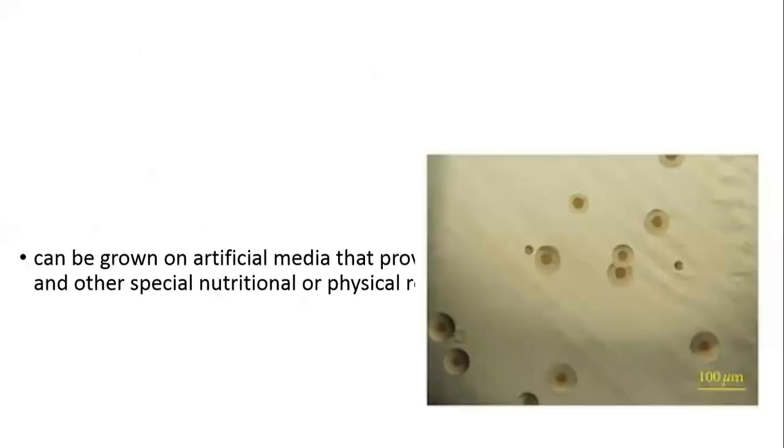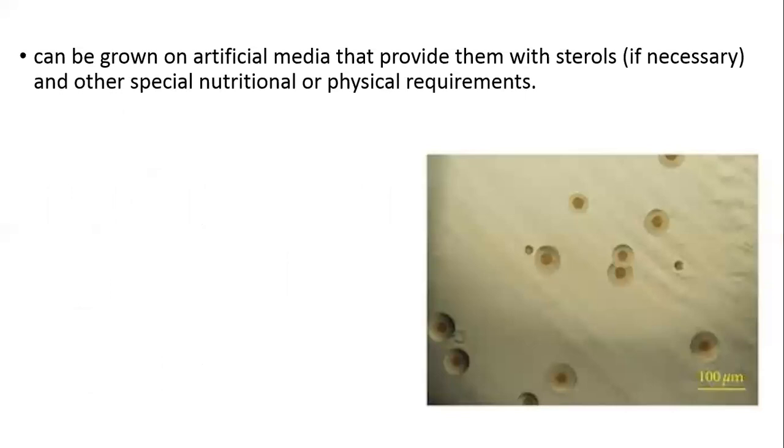These are the colonies, and their colonies are also very distinctive. I told you that if you want to grow mycoplasma on artificial medium, that medium must be supplemented with sterols, because the sterols must be incorporated in the membrane.